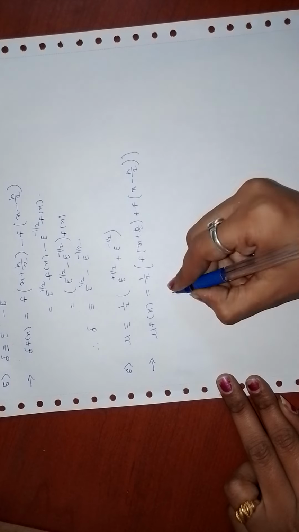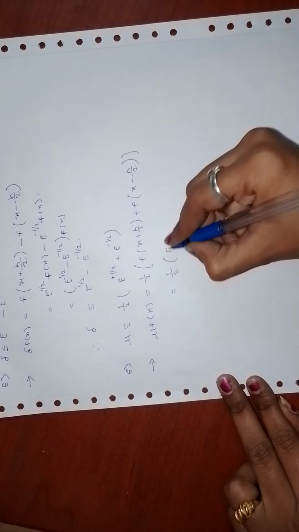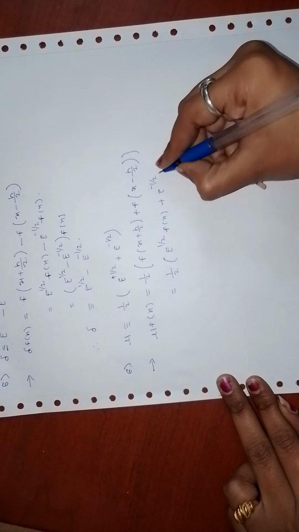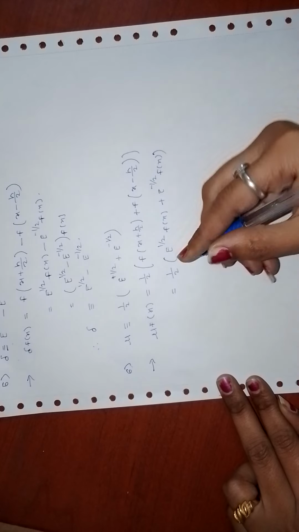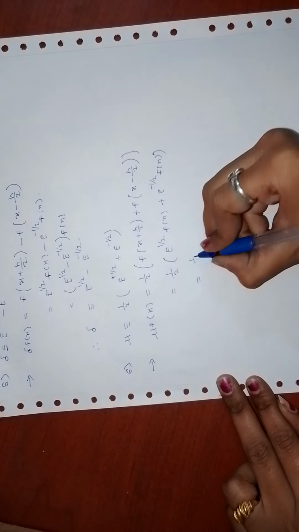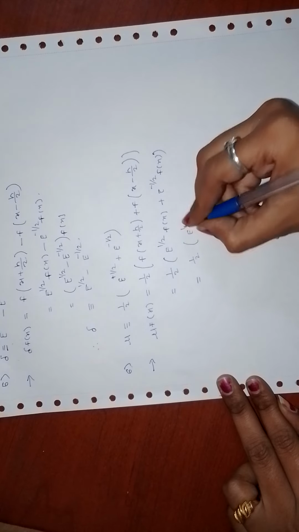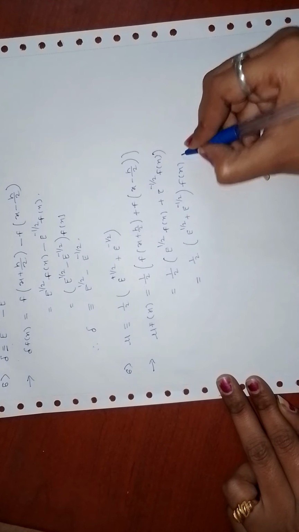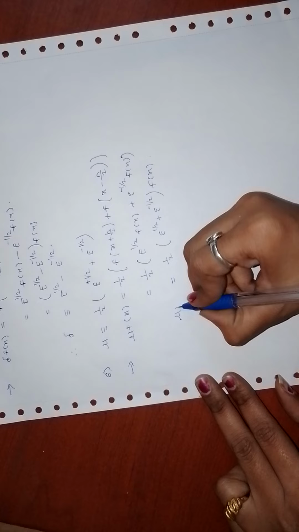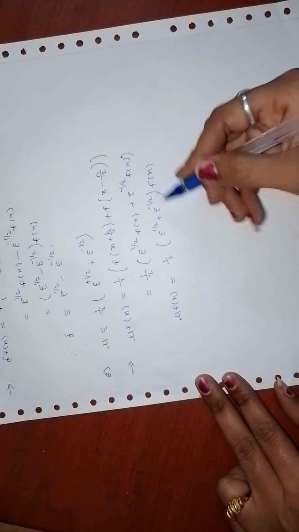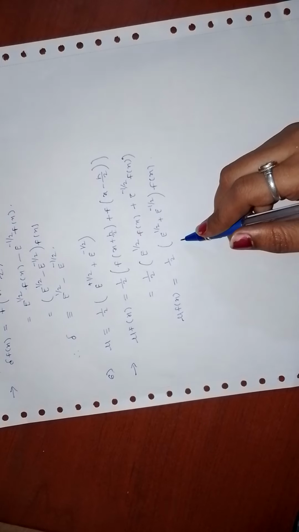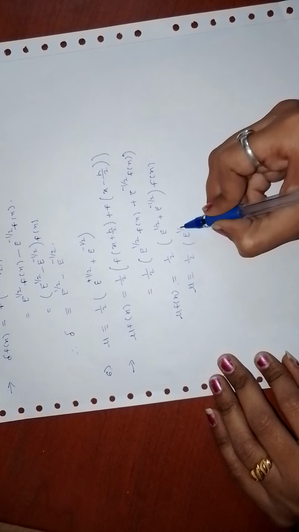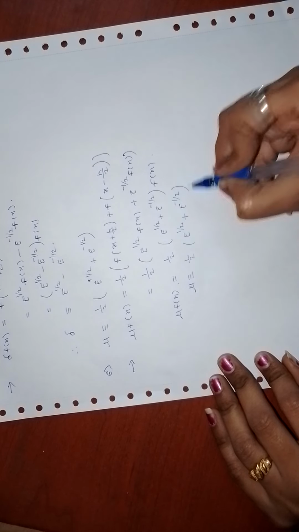This can be written as 1 by 2 into E raised to 1 by 2 f of x plus E raised to minus 1 by 2 f of x. Taking f of x common, mu f of x is 1 by 2 into E raised to 1 by 2 plus E raised to minus 1 by 2 f of x. Therefore we get mu is congruent to 1 by 2 into E raised to 1 by 2 plus E raised to minus 1 by 2.